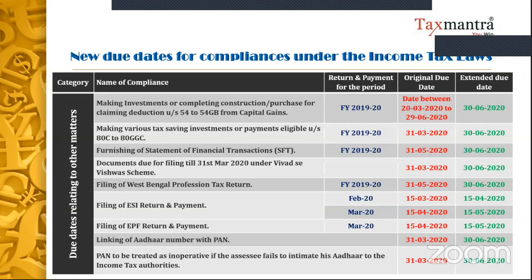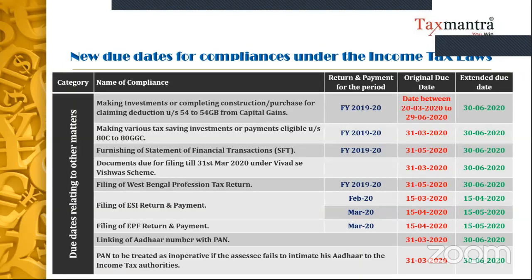For the month of February, the due date was 15th March, which has been extended to the 15th of April. Similarly, for the month of March 2020, any payment or return under the ESI scheme, which was originally due on 15th of April, has been extended to the 15th of May.